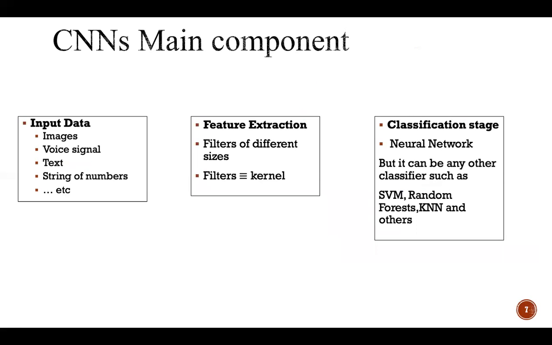Sometimes these filters are called kernels, or some people call them weights. The classification stage in convolutional neural networks is mainly a neural network, which is the classifier, but it can be other classifiers, things like random forest, k-nearest neighbor, support vector machine, and others.